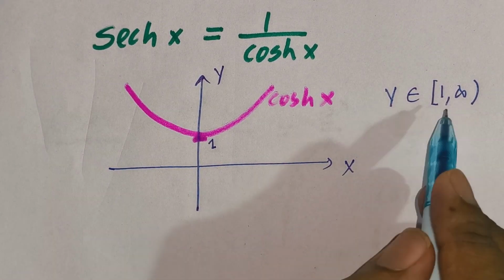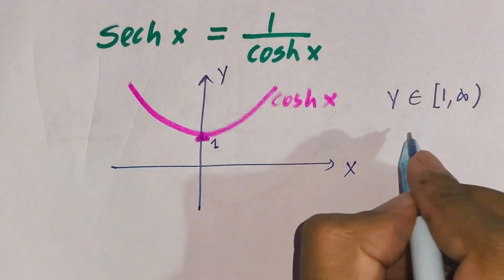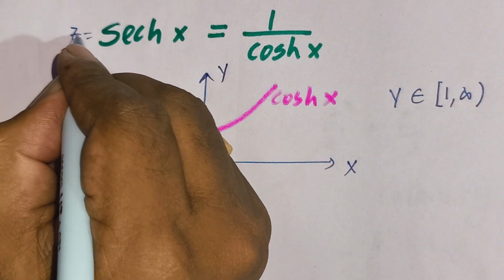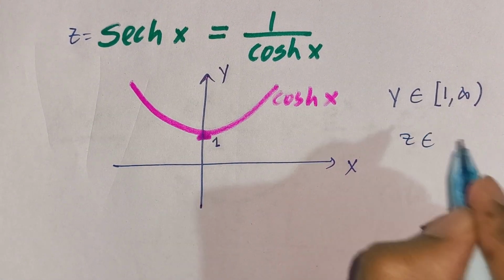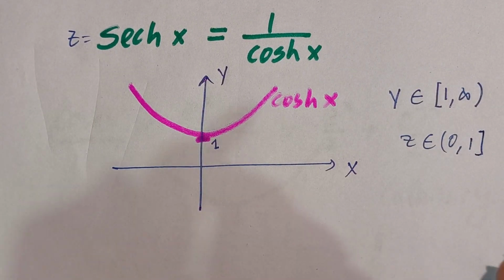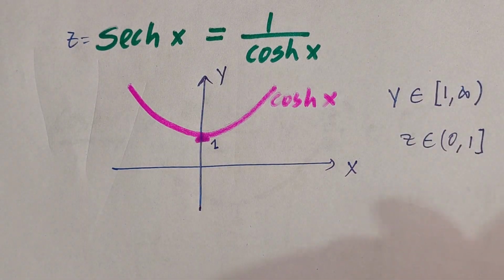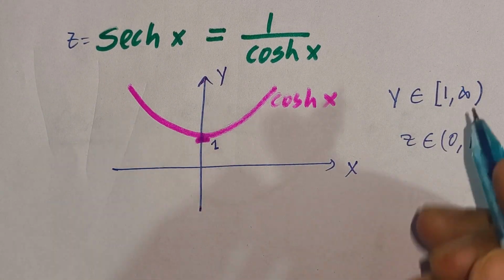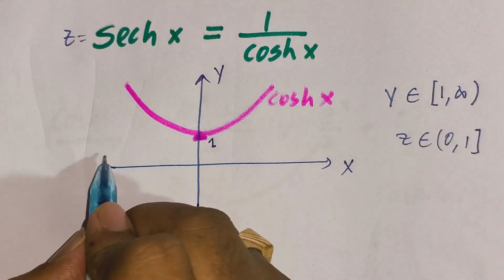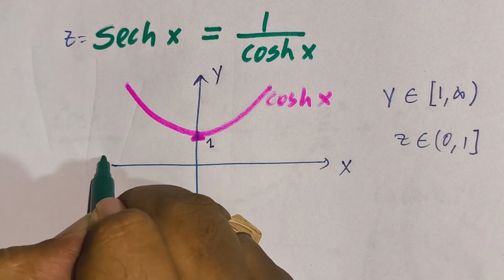When you take the reciprocal of those values, if this is our, suppose, z, then z will lie between 0 and 1, because 1 over any positive value bigger than 1 is less than 1, and it can't be negative, also it can't be 0. So hyperbolic secant takes the form of this one.